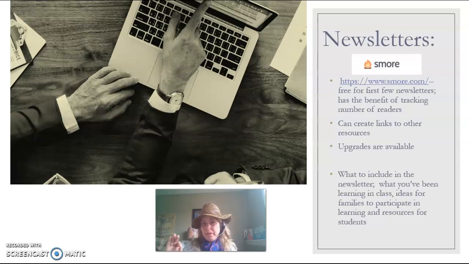A nice benefit of S'more is that you can track the number of readers that you've had of your newsletter. You can also create links to other resources, and upgrades are available. I have not upgraded. I simply stuck with the free version, and then once I was done with the free version, I went to another resource so that I could continue using free resources.